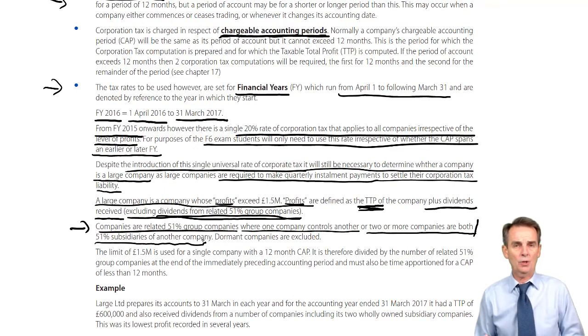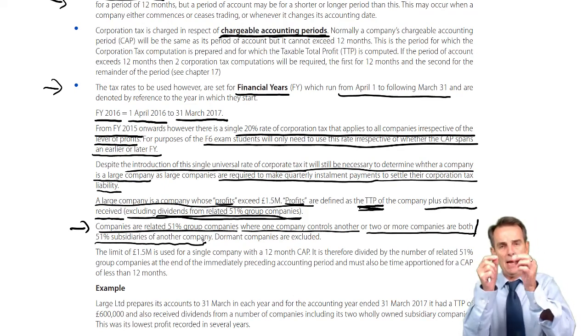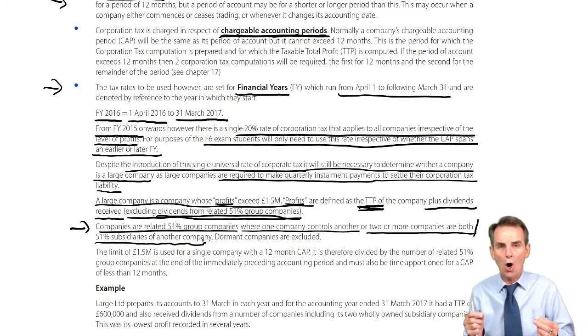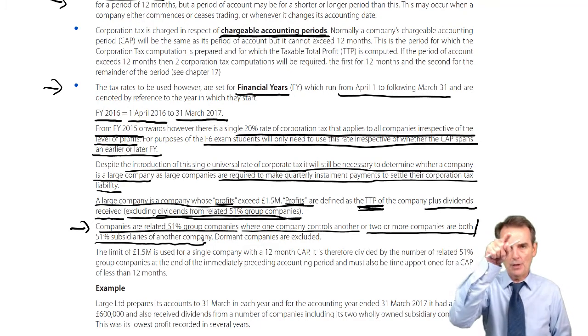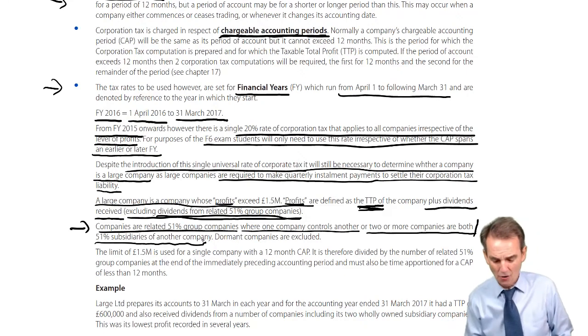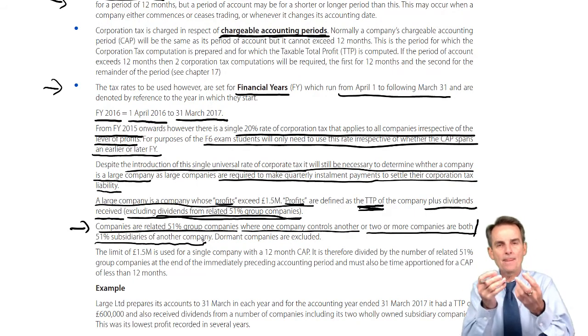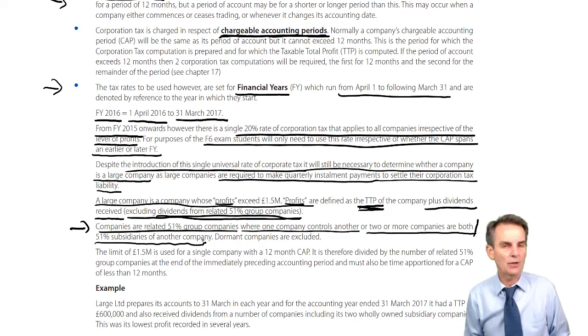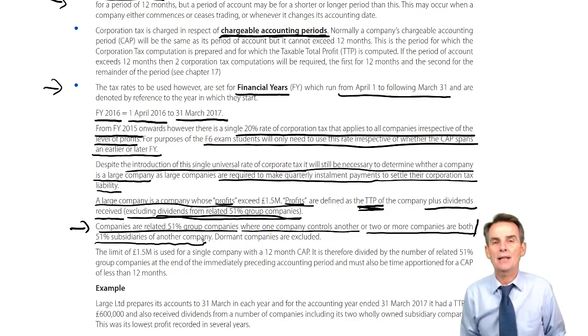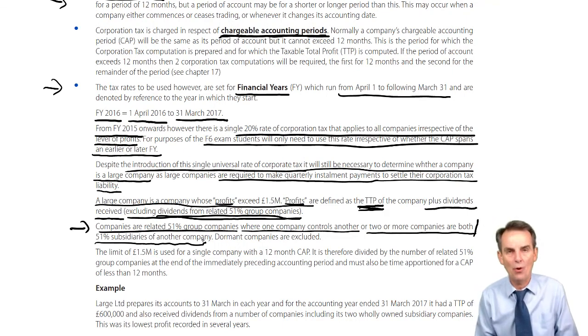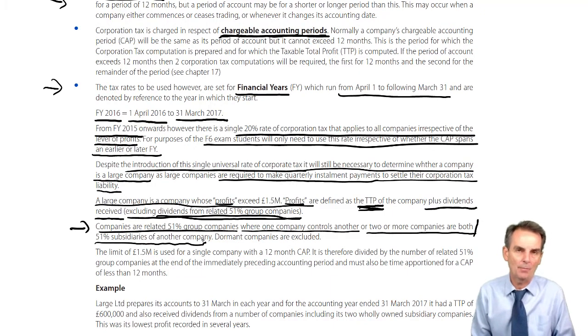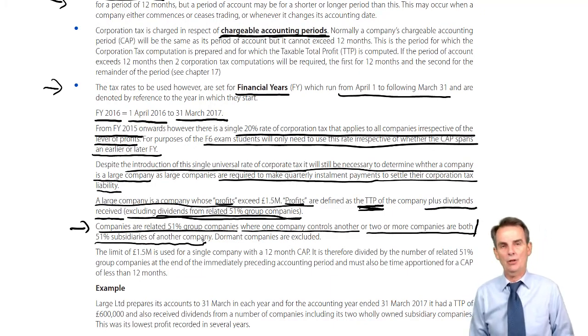So co-subsidiaries. So if you had a parent company with two wholly owned subsidiary companies, then there are three companies that are related 51% group companies. The dividend flowing from the two subsidiaries to the parent company is excluded from the dividend income to be taken account of in determining the profit to determine whether the parent company is large.